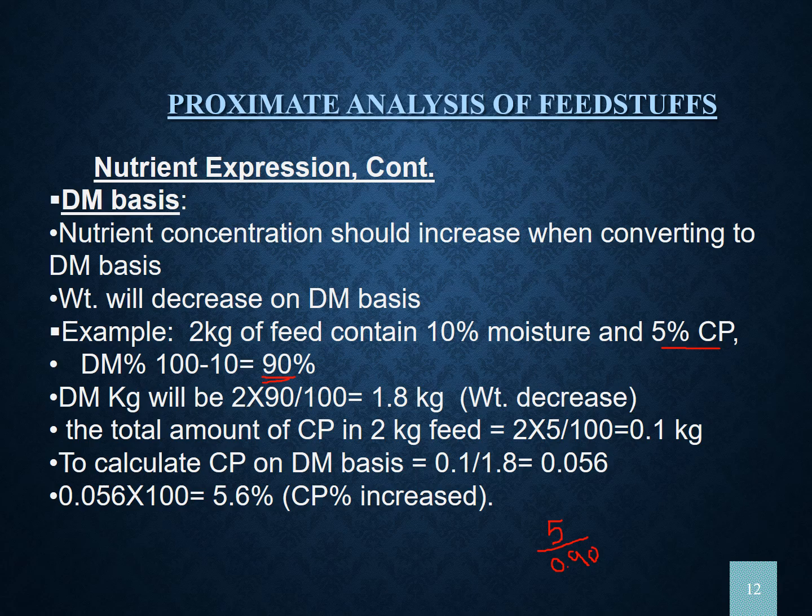Why did I do it like this? Because it's a percentage, I can't make it 5 over 90 over 100. Instead, I wrote 5 over 0.90, which will give the same result, 5.6 percent. This is the crude protein percentage on dry matter basis.